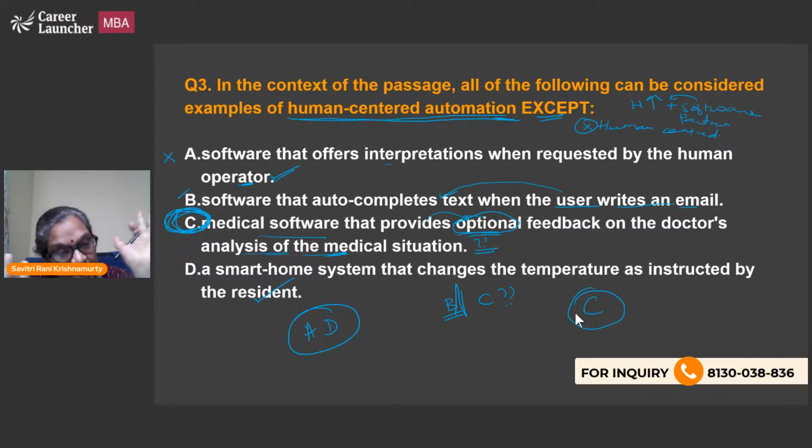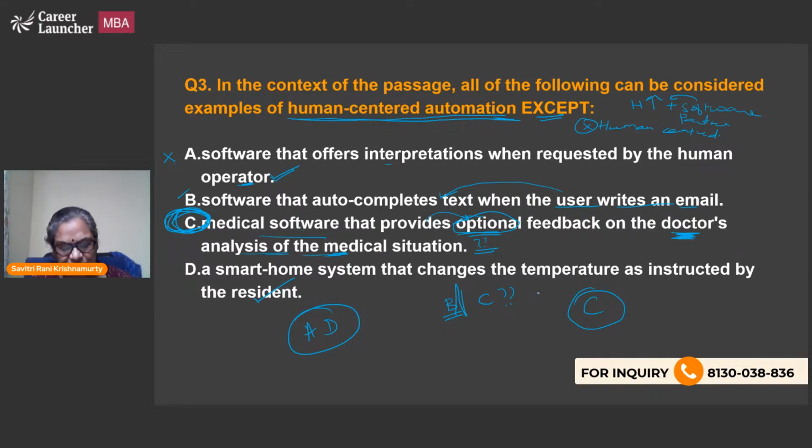The doctor's already given his analysis, and I'm saying, no, no, I don't trust this doctor's analysis. I want the software's analysis. The optional part is me, but there is no human. The medical software's analysis is not human driven. The software has done its own analysis. And so it is then providing feedback on the doctor.